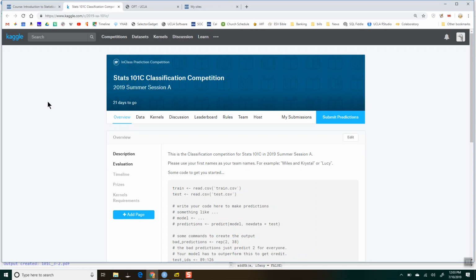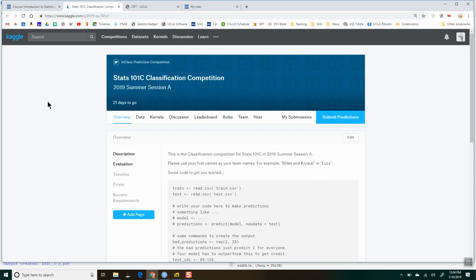The data set I've chosen for this classification competition, maybe this was a bad choice on my part, but I purposely chose one where there are more predictor variables than observations. There's a total of 126 observations, 88 in the training set and 38 in the test set, but there are 309 predictors, okay?